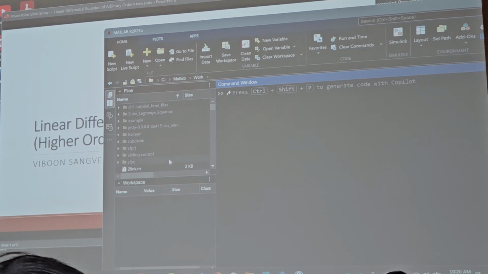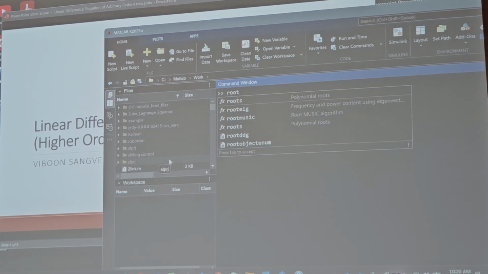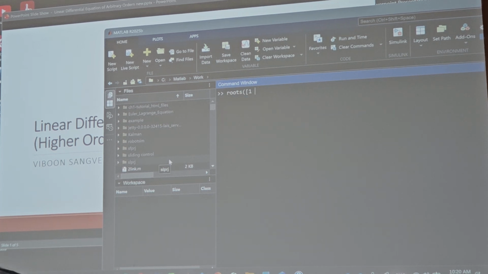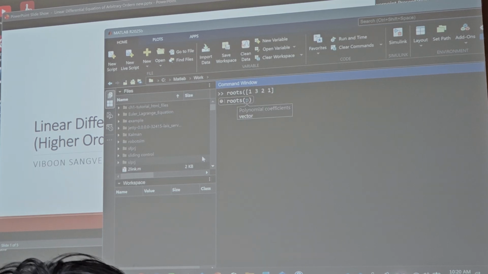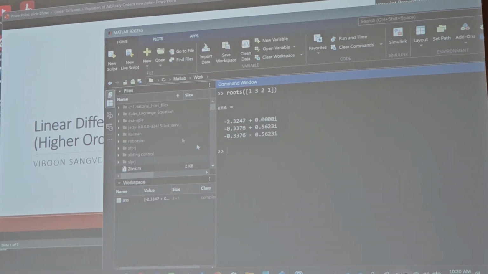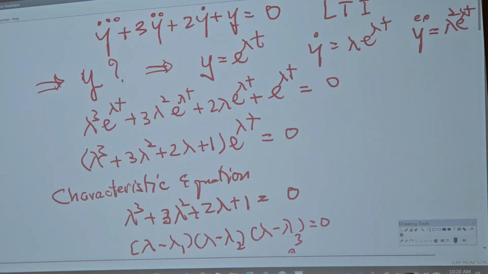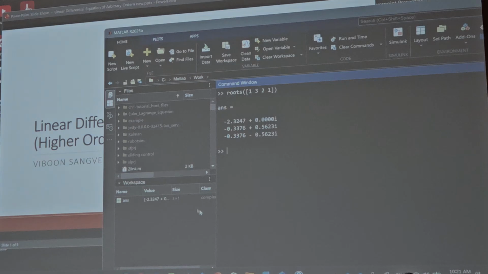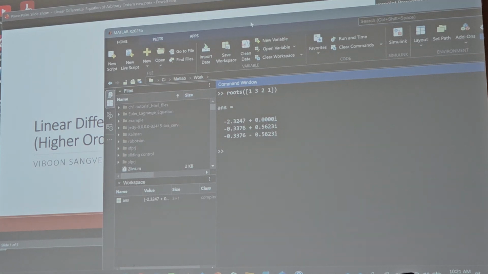Yes, you can use roots of 1, 3, 2, 1. You see? 1, 3, 2, 1. So you have roots of this one.